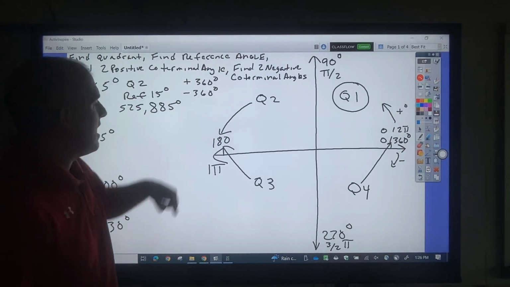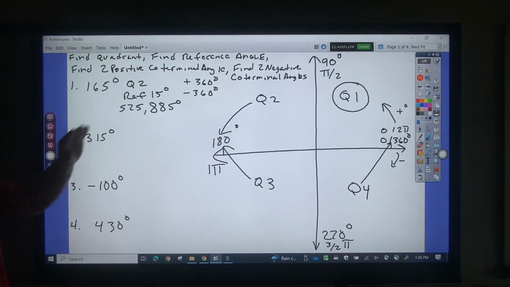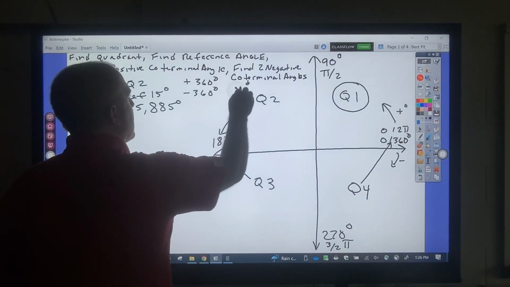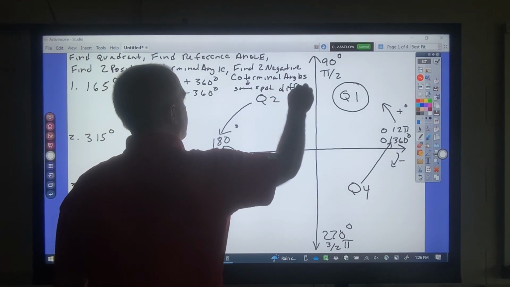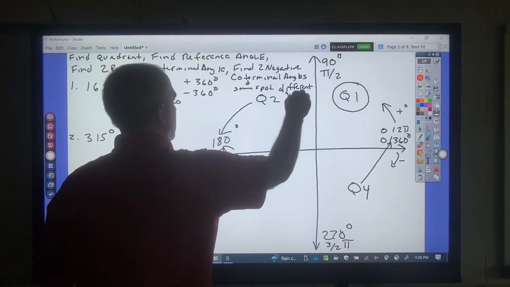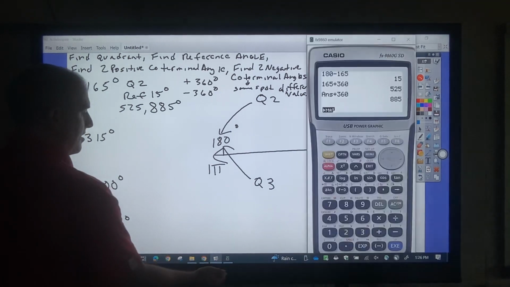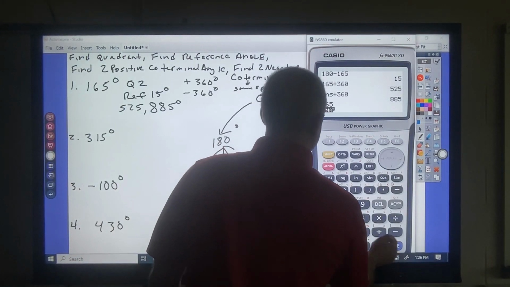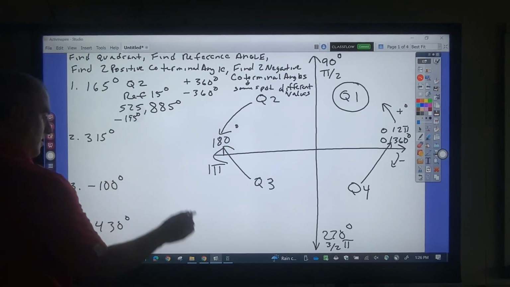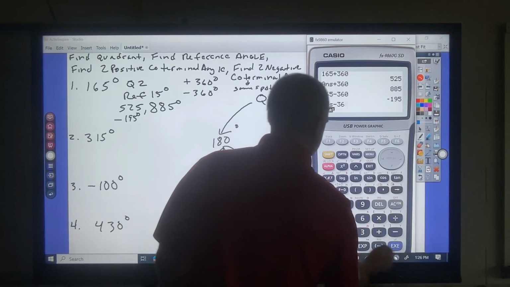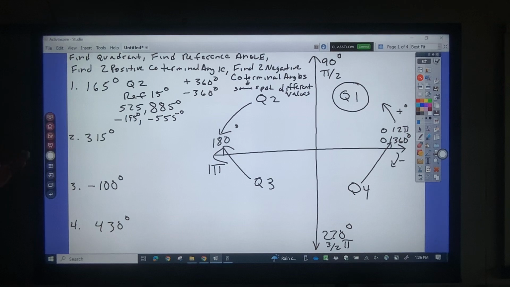Because at 165, let's say that's right here, if I made a full circle, what coterminal means basically is same spot, different measurements, different values. Okay, same spot, different values. Okay, now to get the negative ones, just do 165 minus 360, that's negative 195. Subtract 360 again, and that's negative 555. Okay? And those are the things.